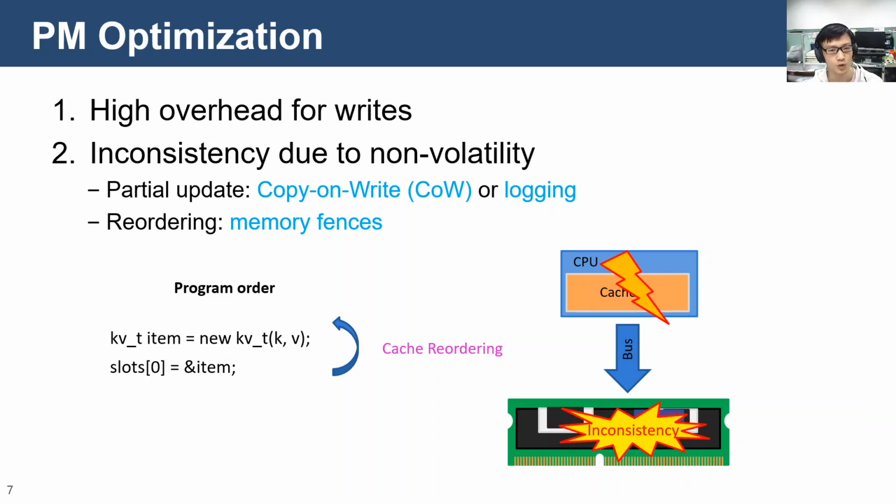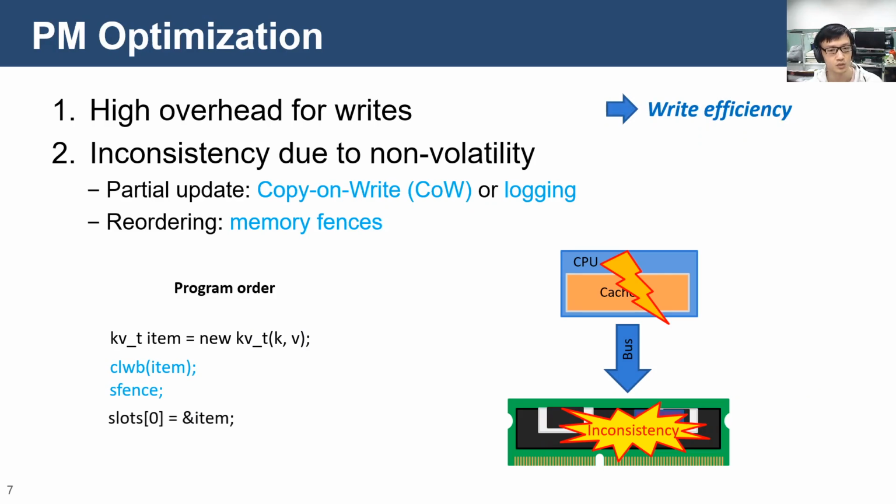To address the reordering, a memory fence is required after persisting the new item. In summary, to mitigate the two limitations, PM applications should be write efficient to address the overheads and enforce crash consistency for instant recovery.